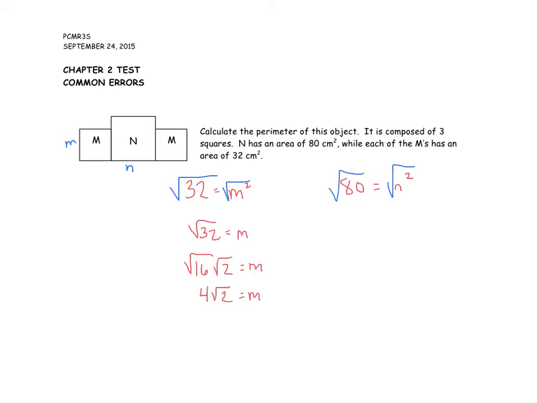Square root of both. We're left with square root of 80 equals n. Again, we can simplify this radical because 80 has a factor that is a perfect square. In this case, it's 16 again. 16 times 5 gives you 80. And square root of 16 is 4, so 4 square root of 5 equals n.